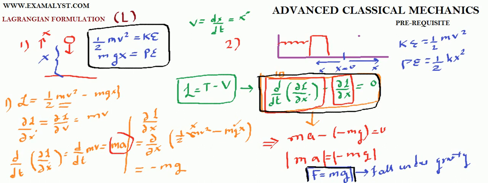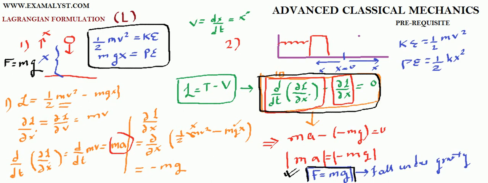Quite interesting, right? Once you know the energy of the system, define a Lagrangian, put it in Lagrangian equation of motion, and it will fetch you the expression of force that acts on the system. So Lagrangian equation of motion says that in case 1, the force under which the system is moving is F equals mg.